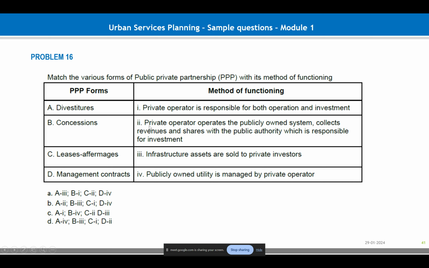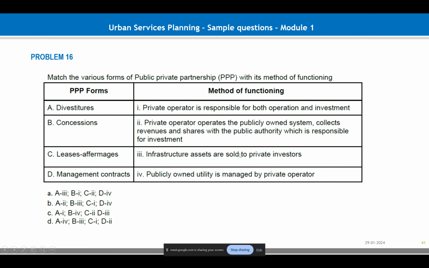The methods of functioning: private operator is responsible for both operation and investment. Private operator operates the publicly owned system, collects revenues and shares with the public authority, which is responsible for investment. Infrastructure assets are sold to private investors completely. And publicly owned utilities managed by a private operator. So first one, A, what does that match best to?